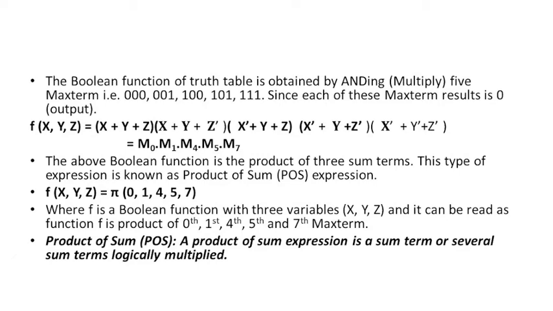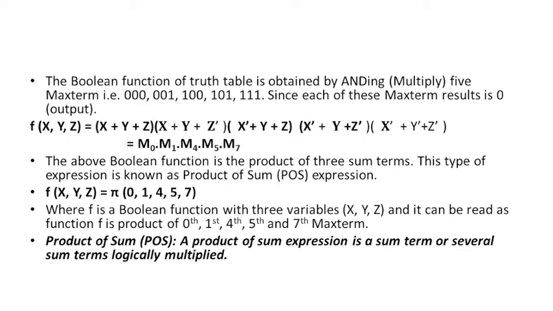The above Boolean expression is the product of sum terms. This type of expression is called a product of sum expression. So f of x, y, z is equal to the product of 0, 1, 4, 5, 7, where f is the Boolean function with three variables x, y, z.